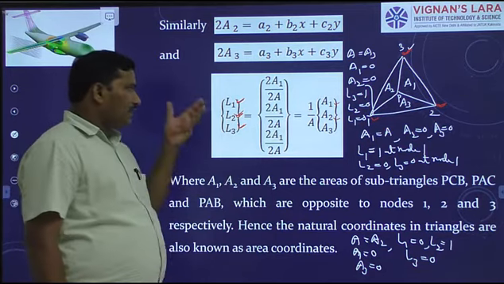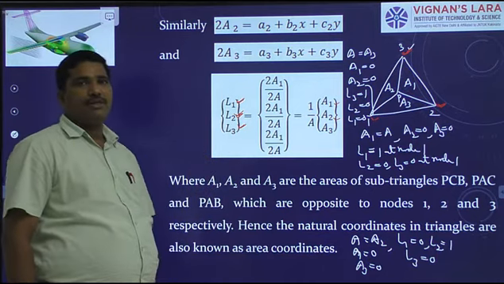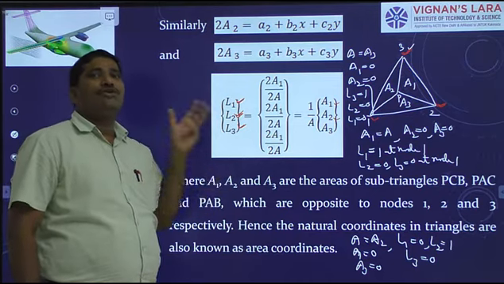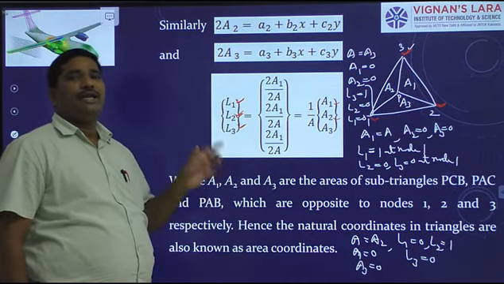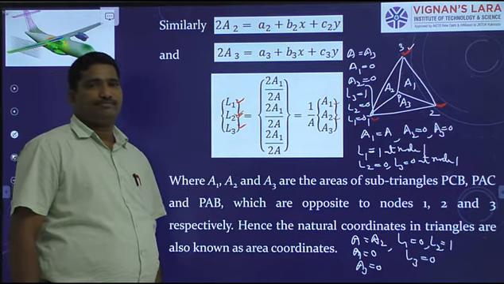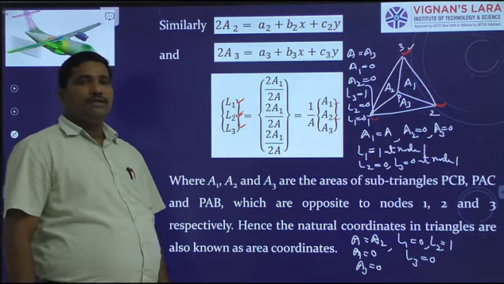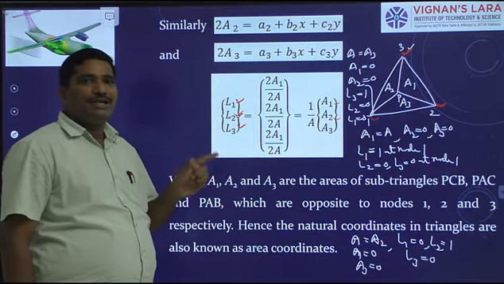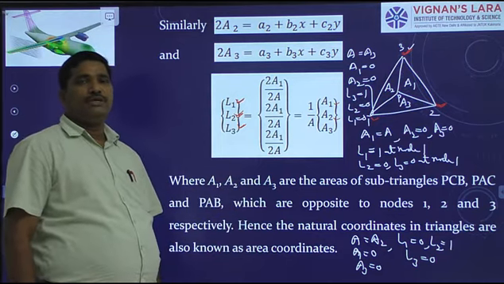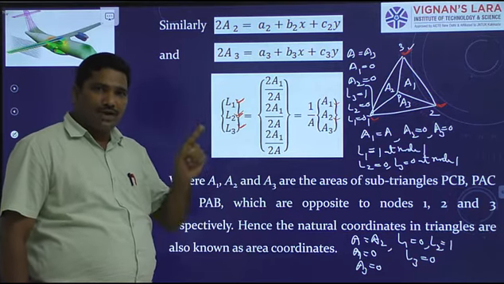Here students, what we have learned in this particular class, we have derived the natural coordinates for any point on a three-noded triangle. The natural coordinates represent area coordinates. The natural coordinate L1 is unity at node 1.